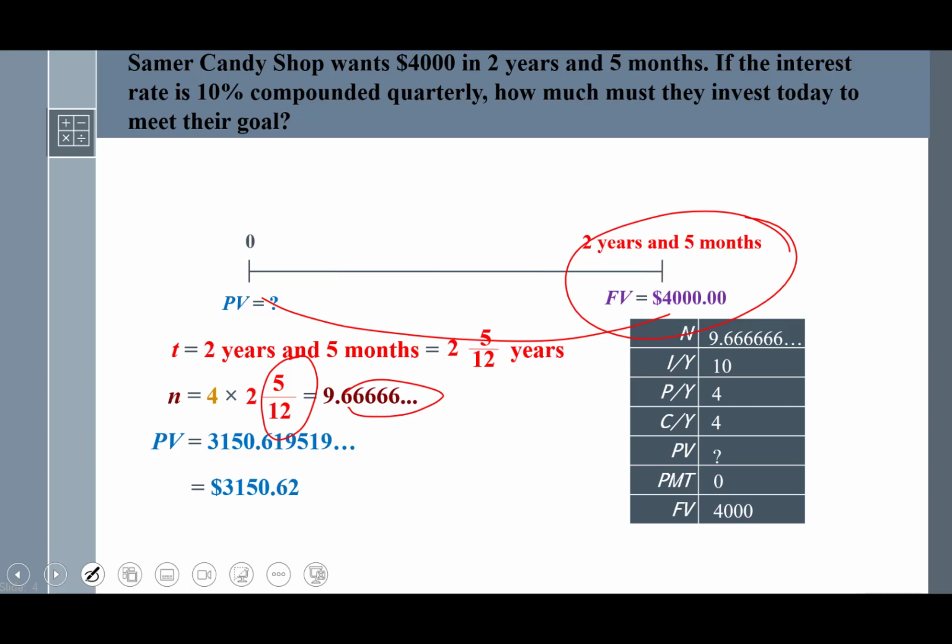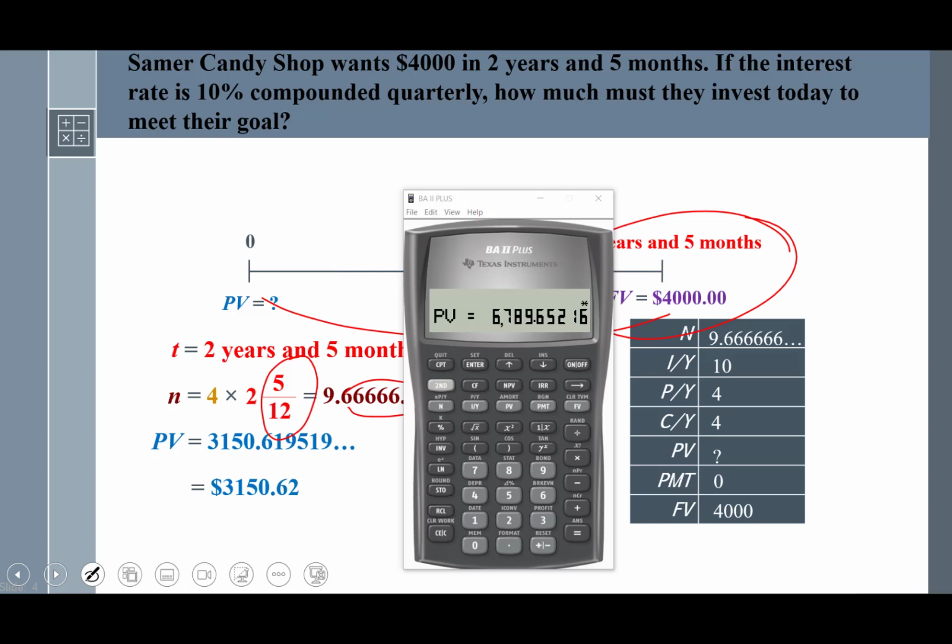Okay, let's bring the calculator and let's enter the values. Let's clear TVM first. That's the first thing we're going to do. And for N, as I said, divide 5 by 12.